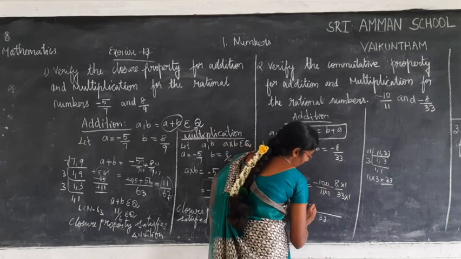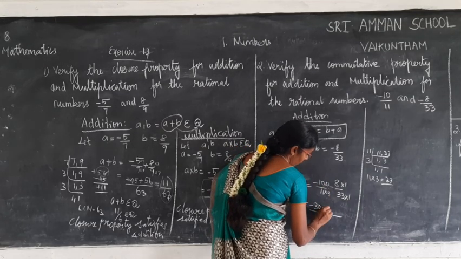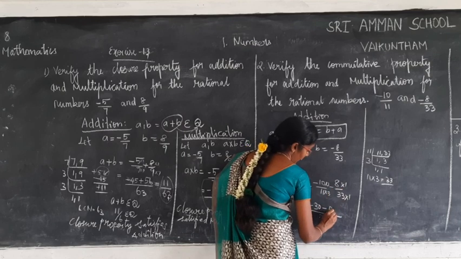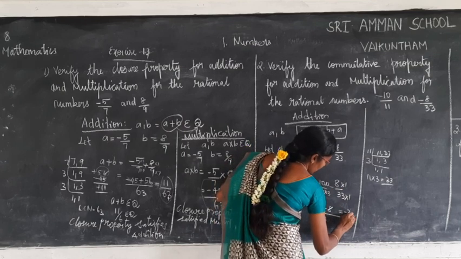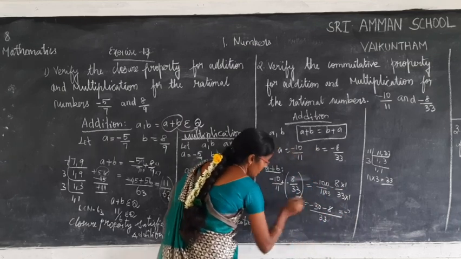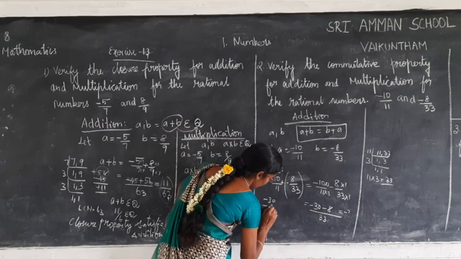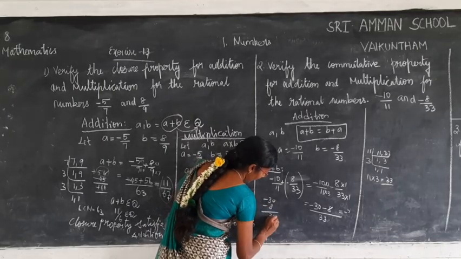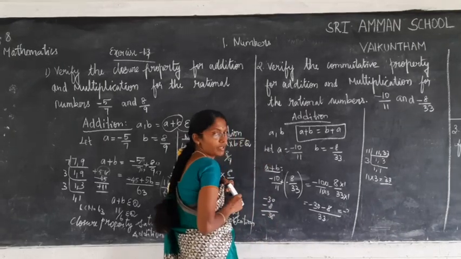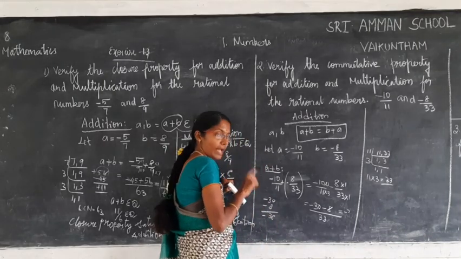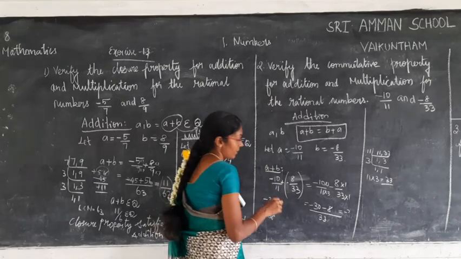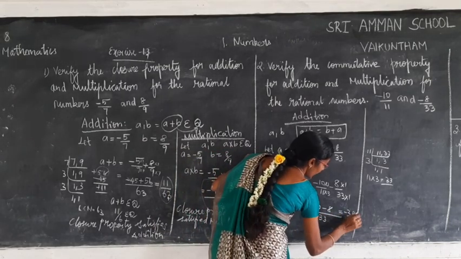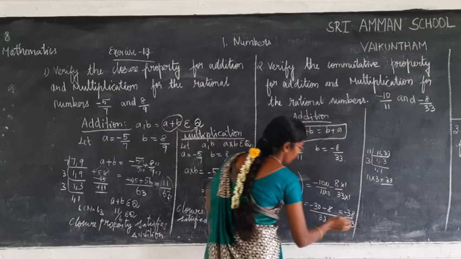So minus 10 3s are minus 30, minus 8 1s are minus 8. So minus 30, same sign. Same sign means what we have to do? Add, 38, and put the same symbol. Same sign means you have to add. Different sign means you have to subtract. So minus 38 by 33.